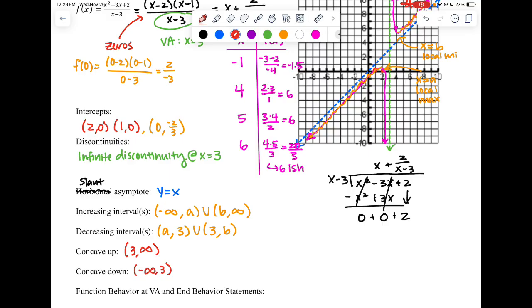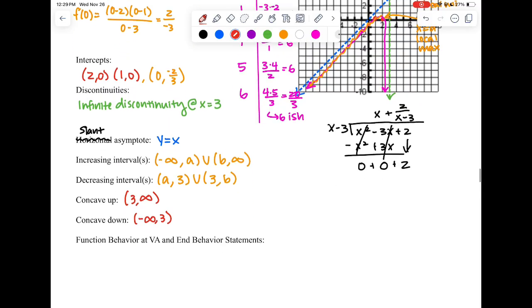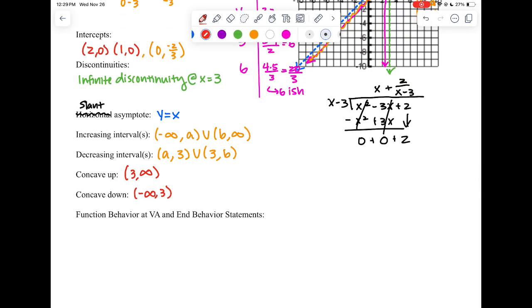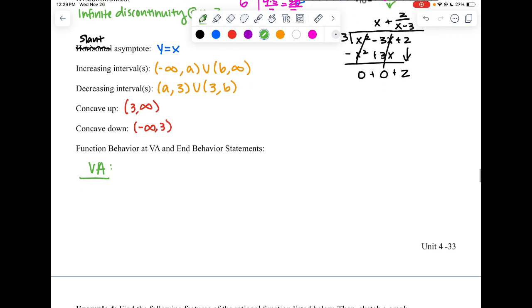All right, so now for our function behavior at the vertical asymptote and our end behavior statements, let's come into play here. So we know that we have a vertical asymptote, so we have some function behavior to discuss. Again, we're going to do this in our limit notation. I'm going to have the limit as x approaches 3 from the left, the same thing from the right, and then I can describe it just in general at that vertical asymptote.